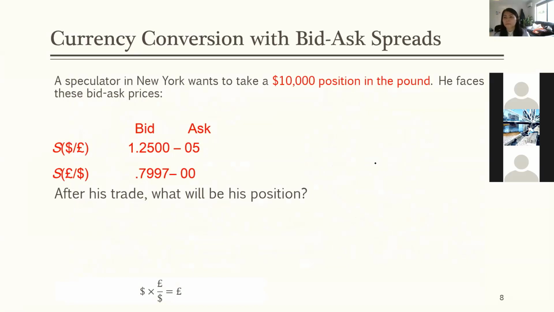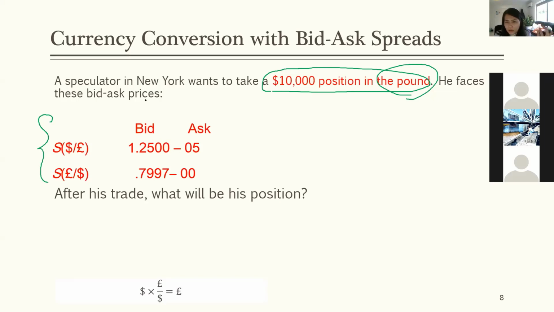In terms of currency conversion, let's say we start with $10,000 and we want to convert that into pounds. We are a trader in New York, and we want to take a position in the pound that is equivalent to $10,000. Now, let's say we are faced with these quotes.